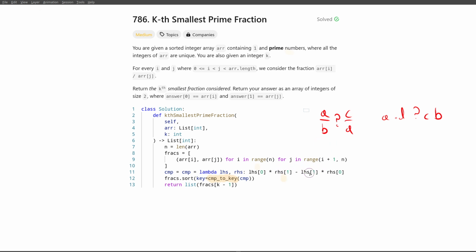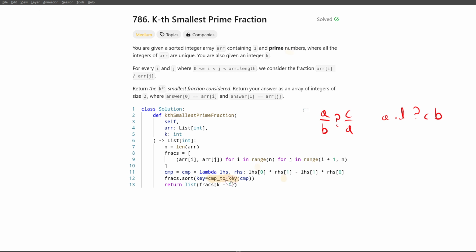We subtract them. If you never thought about that, comparison is very similar to subtraction, and that's often how it's thought about on a low level, because this will give us a positive number if one number is greater than another, negative if it's the other way around, and 0 if they are equal. So those are the values that we expect from the comparator. And now we can turn that comparator to a key with this function.